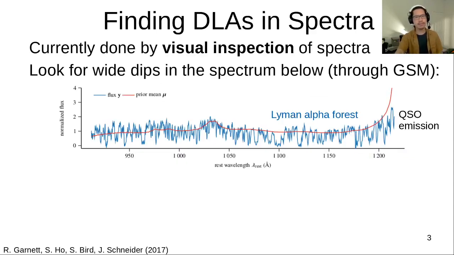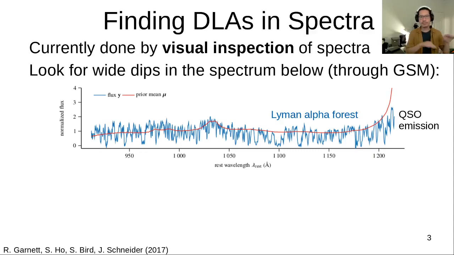But why is finding DLAs a problem? Finding DLAs is now done by visually inspecting quasar spectra with a bunch of trained astronomers. For example, this is a quasar spectrum with the rightmost peak being the Lyman alpha emission peak at 1216 angstrom.